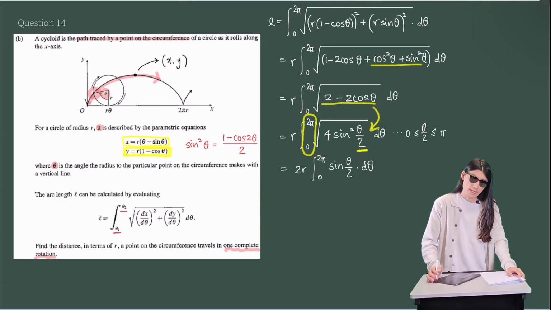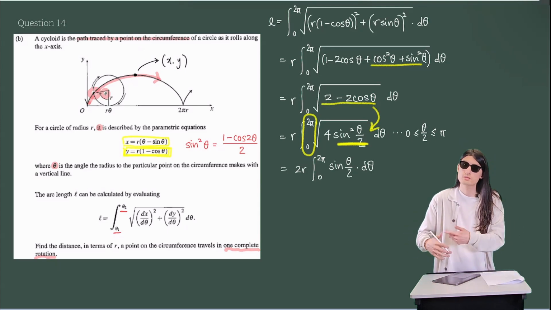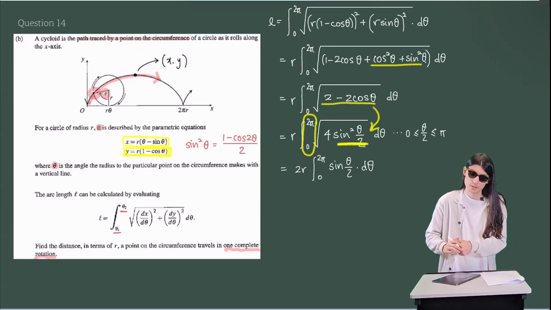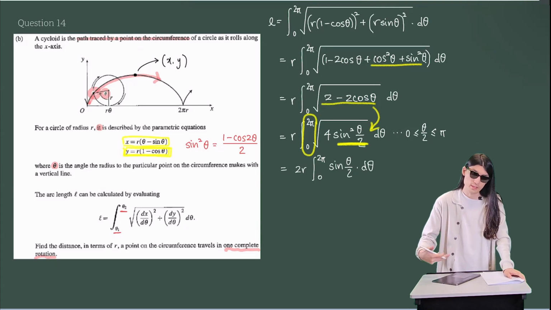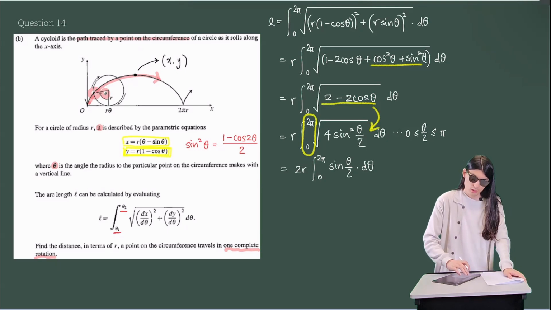And the significance of that is for those values of theta on 2, which denote angles in the first or the second quadrant, sine theta on 2 will be a positive number. And that's important when I'm removing the square root. It is because sine theta on 2 is a positive number that I can say that the square root of sine squared is sine. Otherwise, if sine theta on 2 was a negative number, then the square root of sine squared theta on 2, I would have written as negative sine theta on 2. But here we know it's a positive number, so we can remove the square root as I have just done.